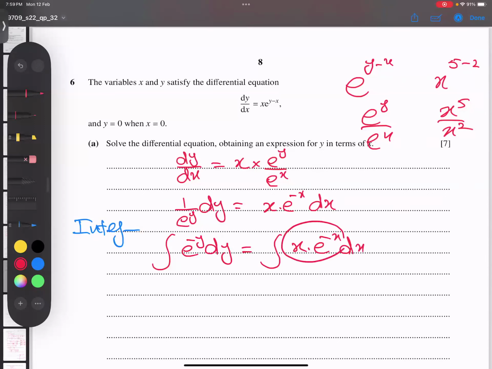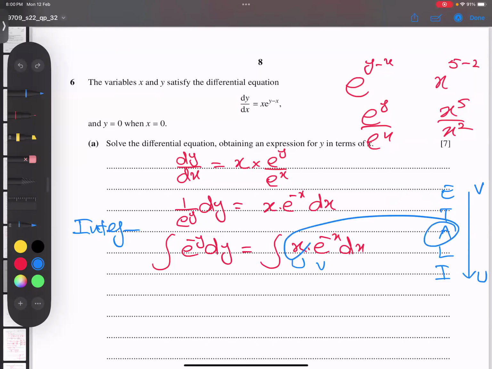Now here two functions are multiplying, so I will treat them as u and v functions, and all of you know LIATE from top to down: I for inverse, L for logarithm, A for algebra, T for trigonometry, E for exponential. Currently the top function is v and the bottom function is u. So E for exponential is v, and algebra, x, is u. So that is why I wrote it like this.